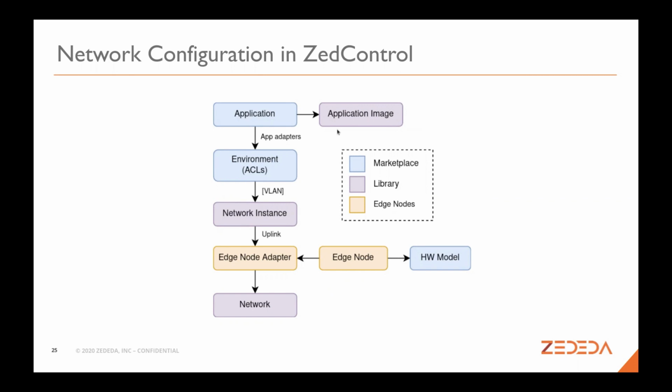From there, you create the application definition in the marketplace, where you define these environments, or ACLs essentially. And then you create an application instance. You assign each environment to a network instance, and you can also configure VLAN right there. So, in the UI, all this big network configuration is split into multiple pieces, but eventually it is all sent as one to EVE-OS to apply.